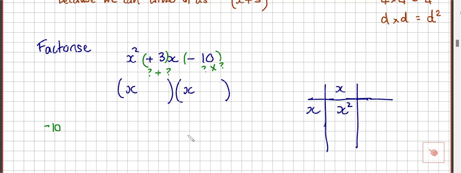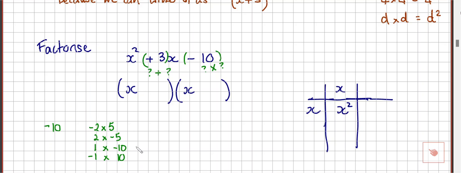What numbers multiply to make negative 10? Negative 2 times 5. 2 times negative 5. 1 times negative 10. Same thing, but negative 1 times positive 10. Yeah. That's it, right?